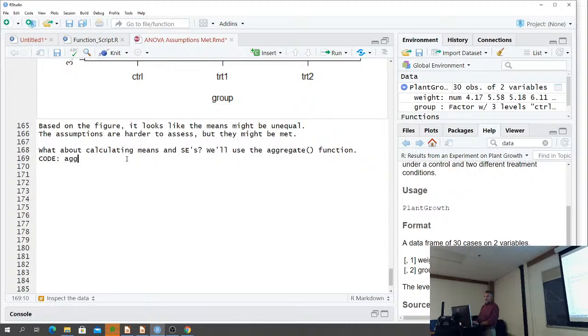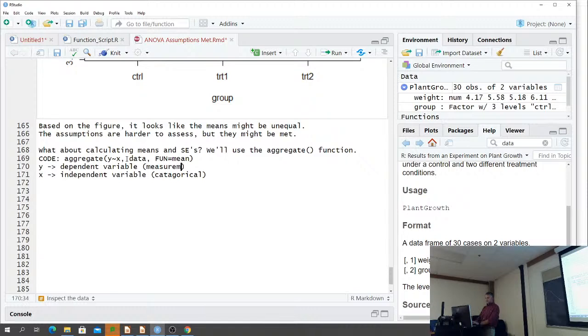The code is aggregate, y as a function of x, data, and then FUN equals some function. Here, y is our dependent variable, and x is our categorical variable, our independent variable, so that's categorical in nature.